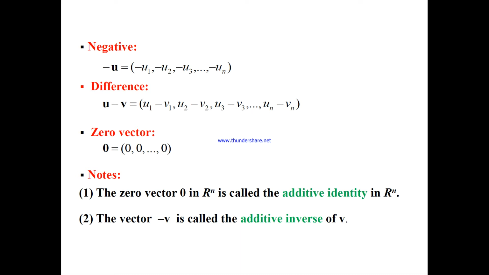So that is what additive identity is all about. You add the 0 vector with any other vector, you will get back that vector. The vector minus v is called the additive inverse of v. You take the negative of vector v, then that becomes the additive inverse of vector v. So minus u is the additive inverse of u. That is what additive inverse is.